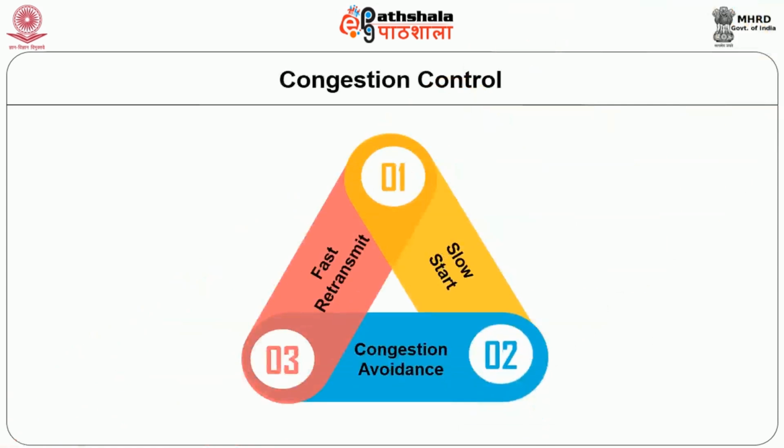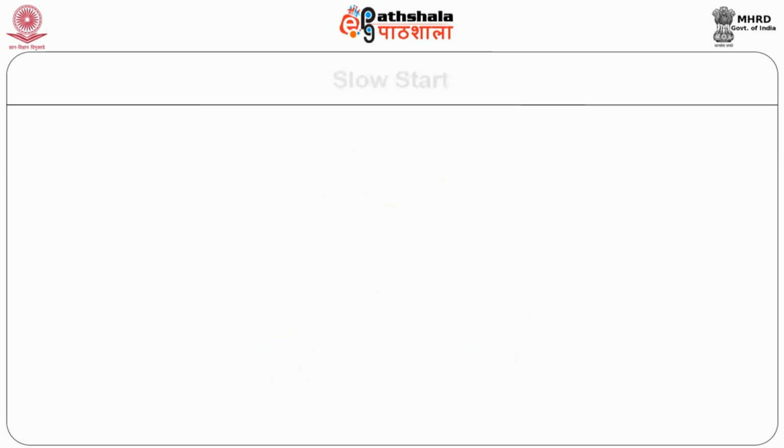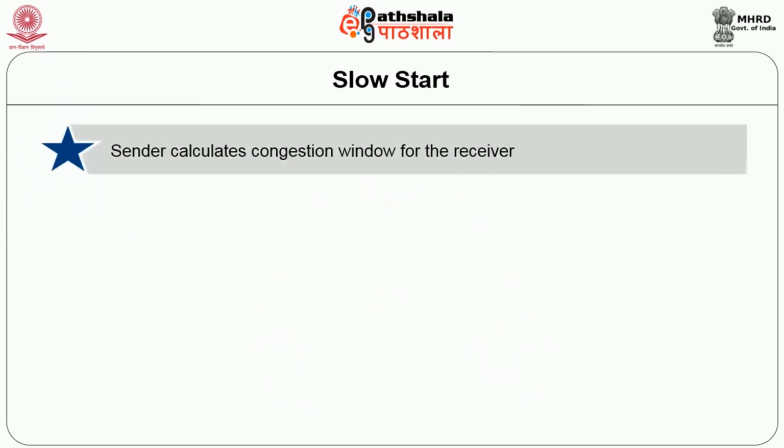Now, how does it handle this situation? It follows these steps to handle the packet loss due to congestion. The first step is known as slow start, the second is congestion avoidance, and the third is fast retransmit. We'll see these steps one by one.